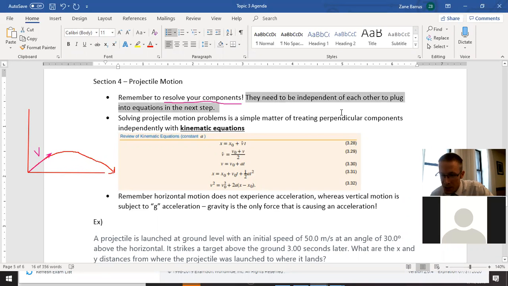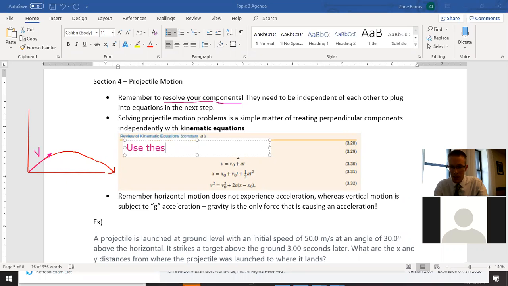So once your components are separate, you're going to make equations for your x component, and you're going to make equations for your y component. So use these equations separately for your x and y components.